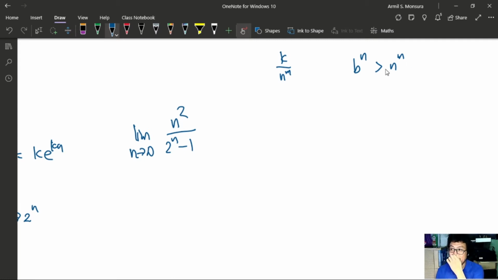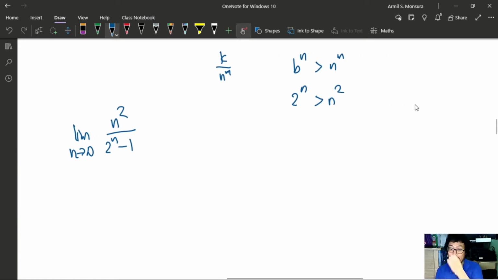So in this case, we can argue that 2 raised to n would eventually be greater than n squared.